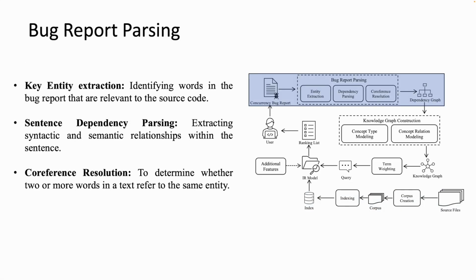We have 3 steps for bug report parsing. First, we identify and extract key entities which are related to the bug or source code. Then we parse each sentence into a dependency graph based on their semantic relationships. We also apply co-reference resolution to determine whether 2 or more words refer to the same entity.